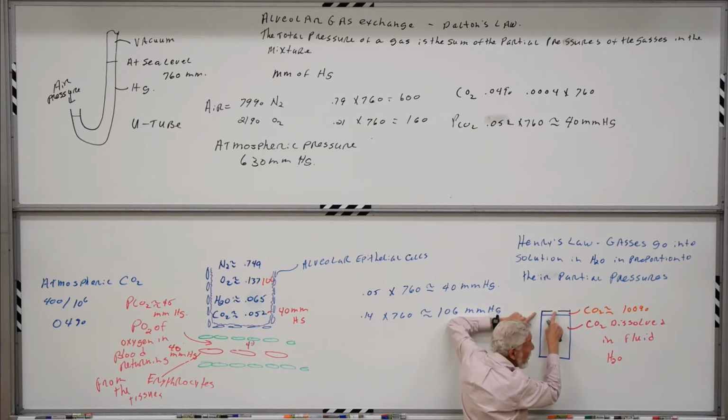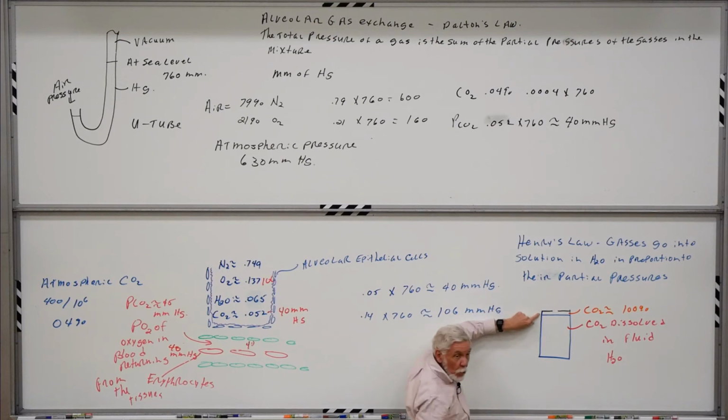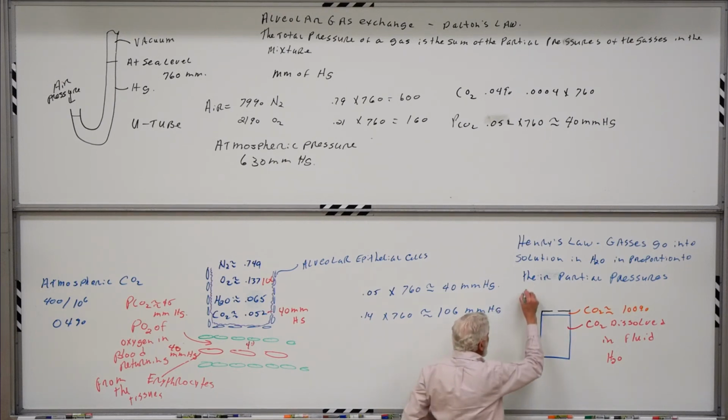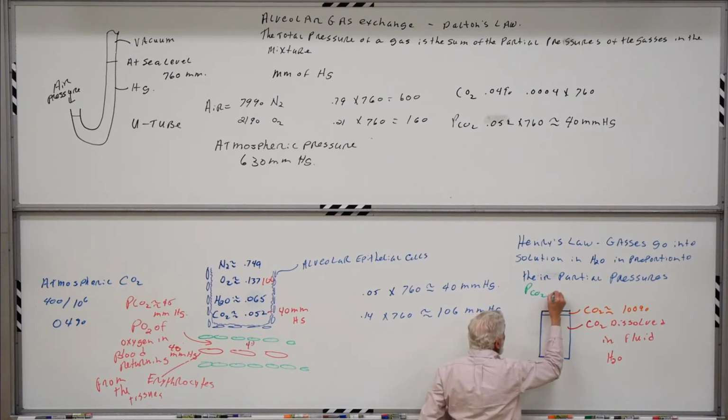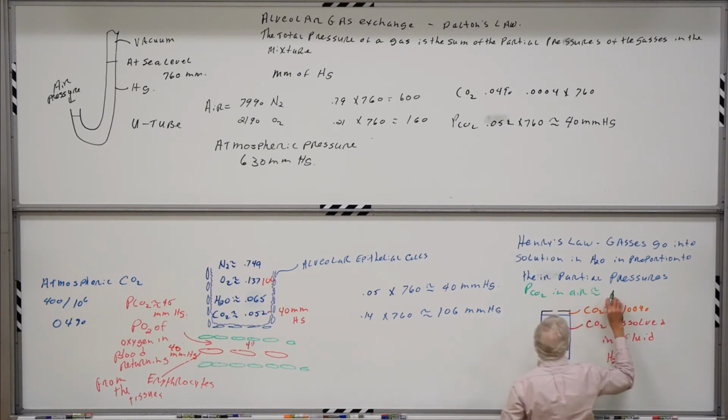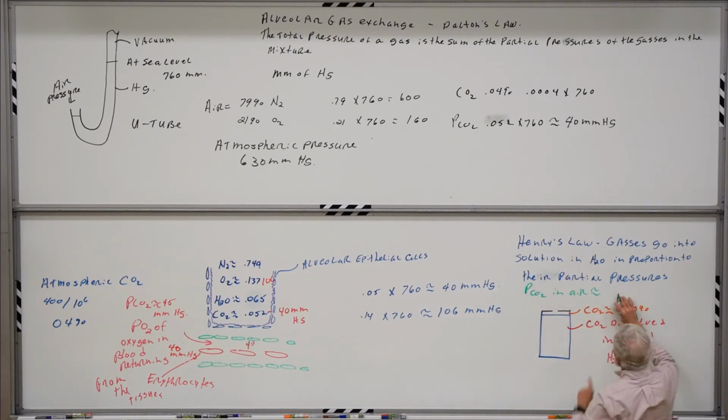But we know what happens if we open a can of soda or a can of beer and let it sit any period of time. It goes flat. And the reason your beer goes flat is Henry's law. Henry's law is simply saying that the partial pressure of PCO2 in air is in the neighborhood of that number up there. So it's a fraction of a millimeter of mercury.